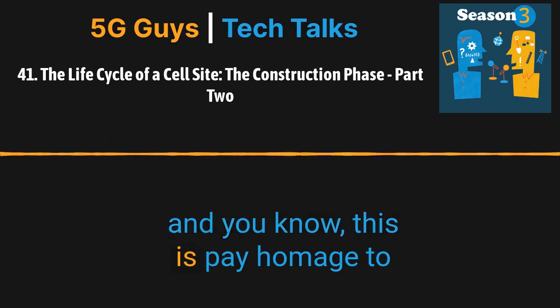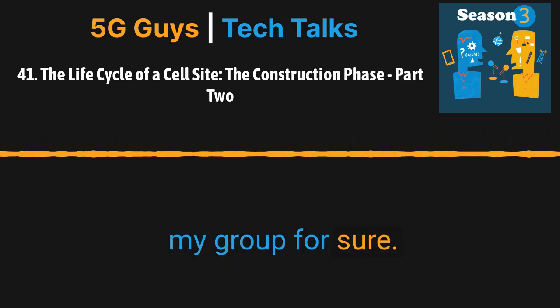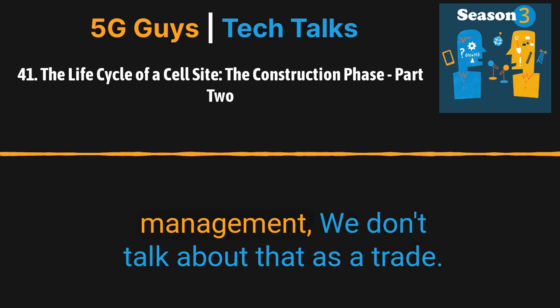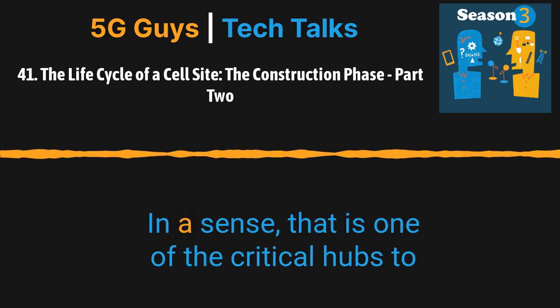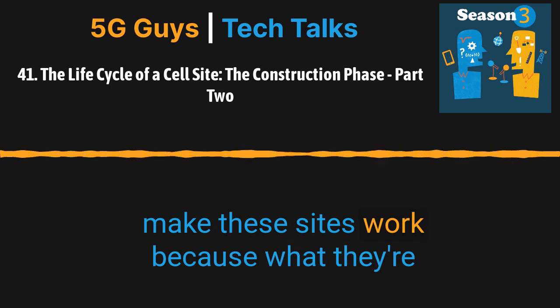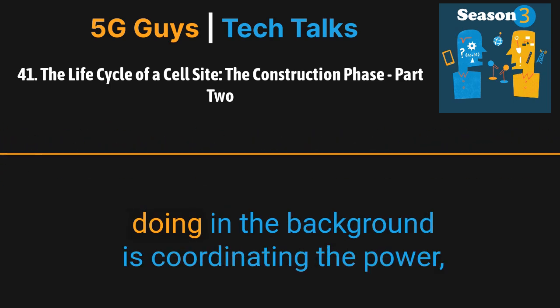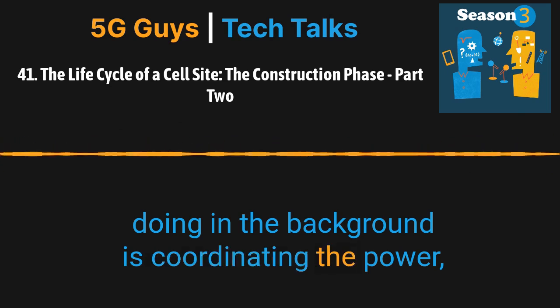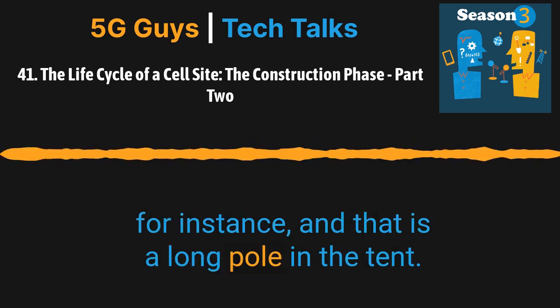Well, and this is to pay homage to my group for sure, I think skilled project management, we don't talk about that as a trade in a sense, but it's one of the critical hubs to make these sites work. What they're doing in the background is coordinating the power, for instance, and that is a long pole in the tent.